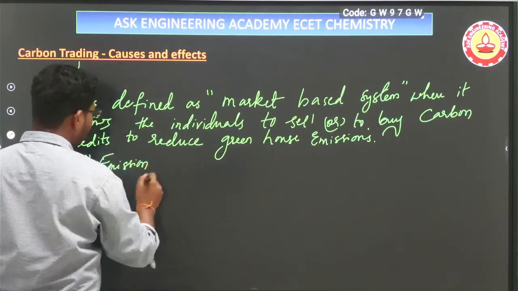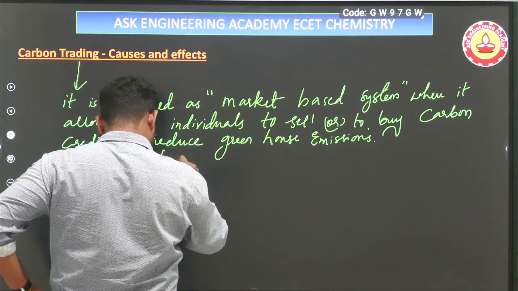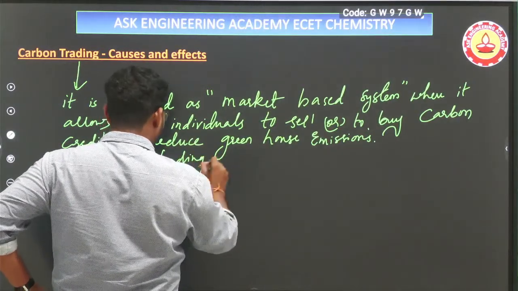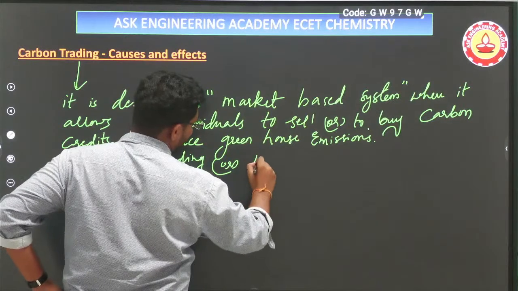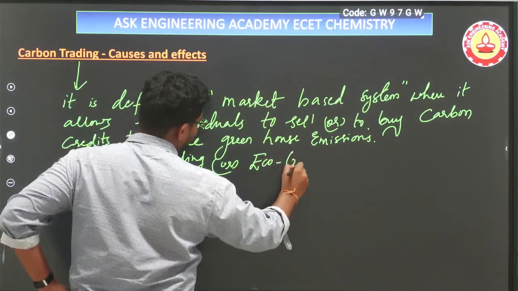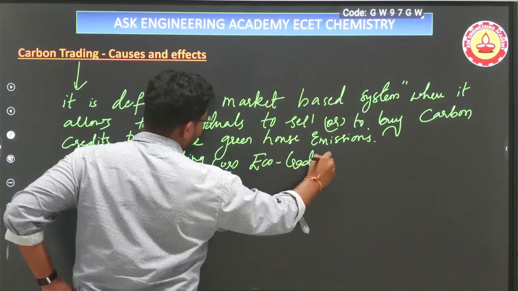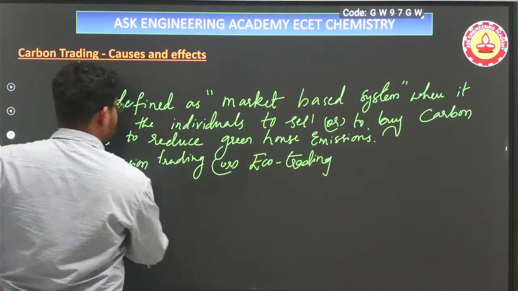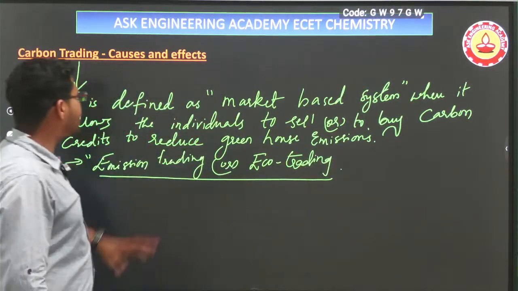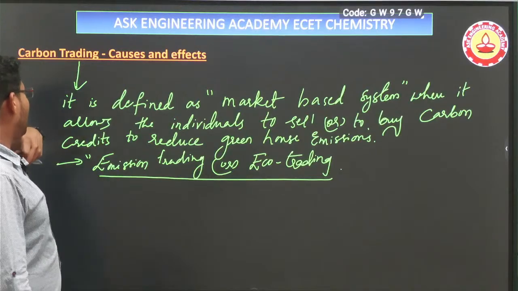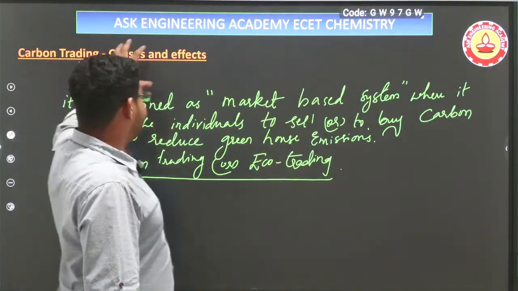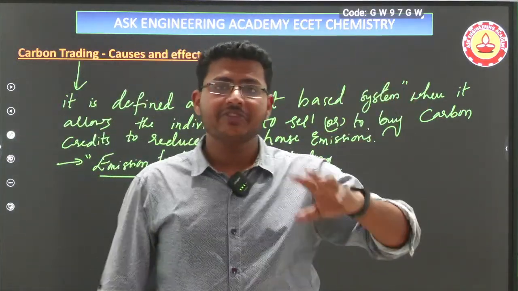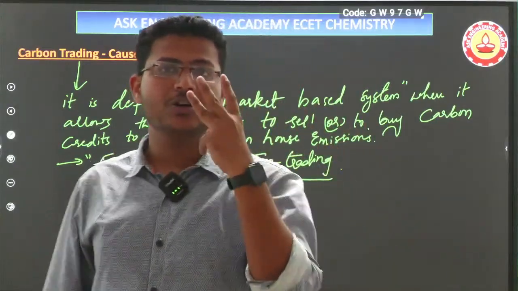Carbon trading is also called emission trading, or eco trading. These are the two important parameters of carbon trading, and causes and effects. Under carbon trading, we study three important concepts.